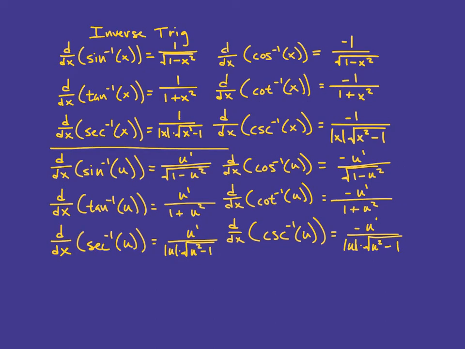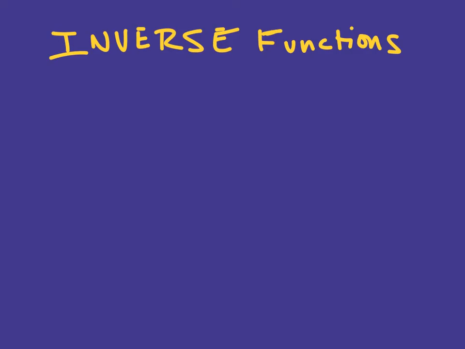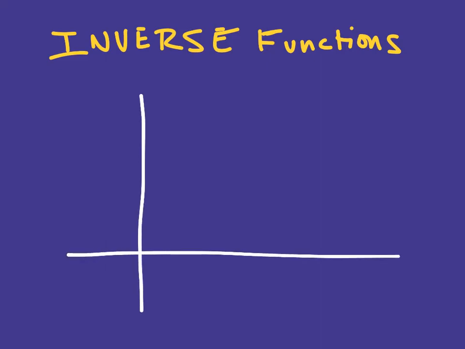Yuck. All right, so if we're talking about the derivatives of inverse functions, let's draw out a function. Let's label my x-axis, my y-axis, and then what I know about my generic functions is that I have a function like this, okay? And we're going to call this f of x.